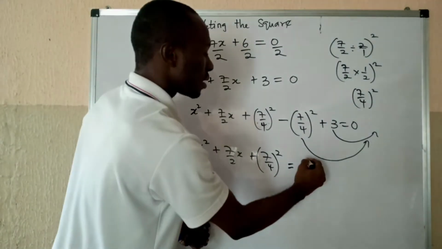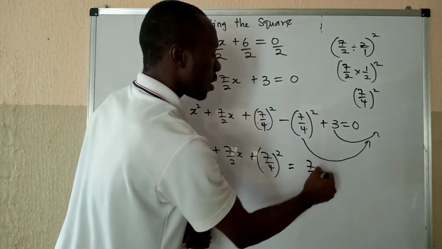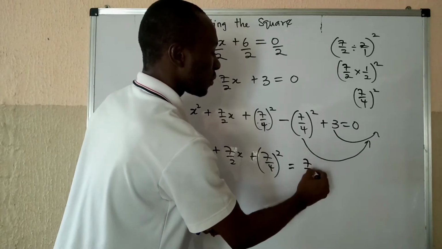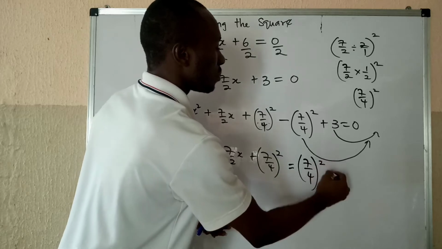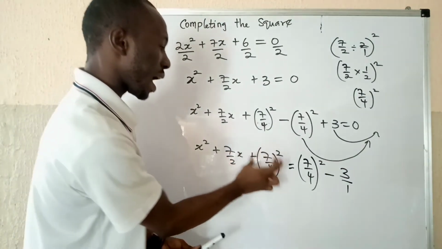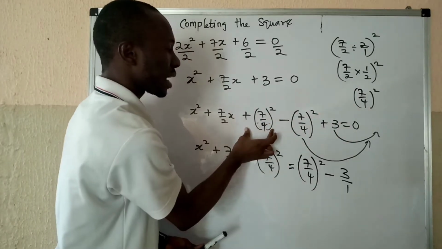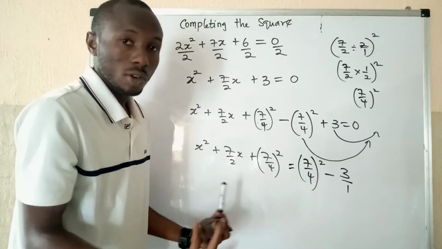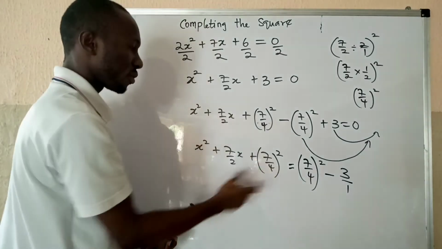So I have 7 over 4 all squared minus 3 over 1. Just as if to say we are adding this to both sides of the equation. Now it's very clear that we are adding it to both sides of the equation. No problem. Yes, let's simplify.